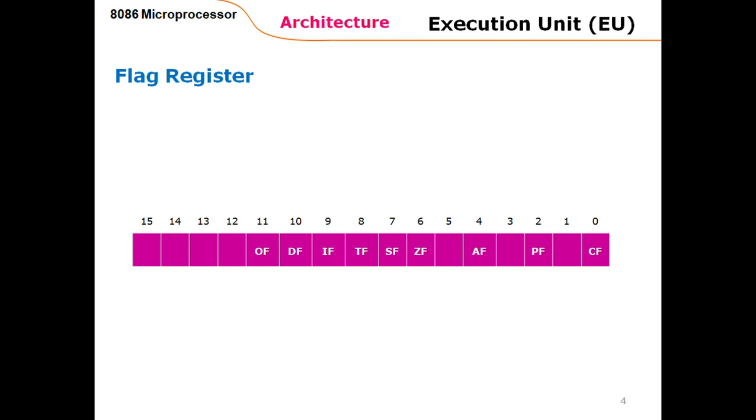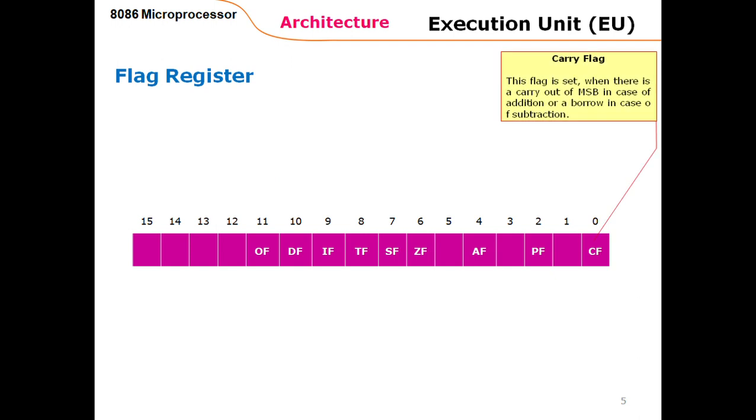This is the 16-bit flag register available in the 8086 microprocessor. In later microprocessors, for example 80286 and above, there is a 32-bit flag register which is called E-flags. The first flag, on the least significant bit, is the carry flag.